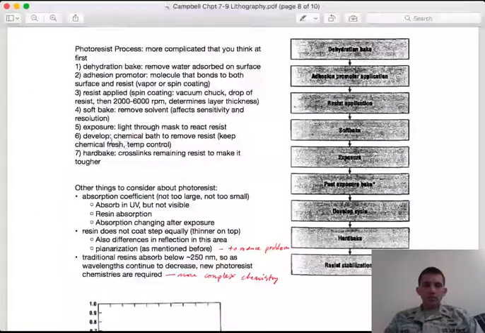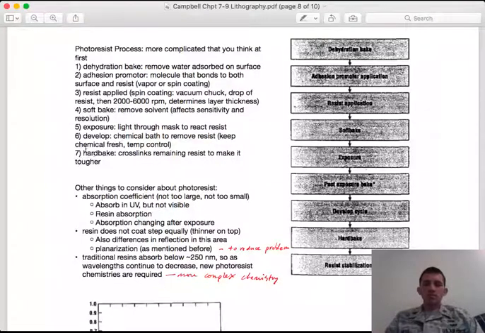As the developer is used, it is going to accumulate the resin that it removes, and so its potency is going to decline. You need to be aware of that, keep the chemical fresh, and control the temperature, because temperature is, as we know, very related to reaction rates.